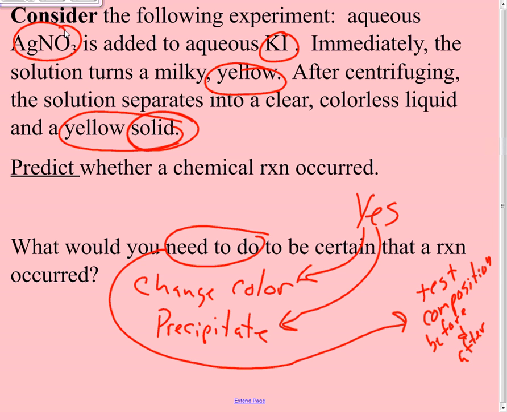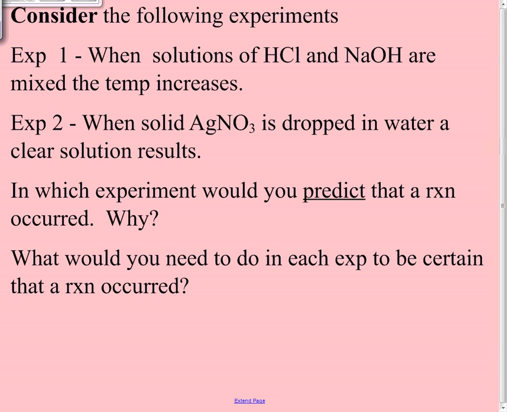Okay, here we go. The last slide. This one's up to you. Consider the following experiments. Experiment 1: when solutions of HCl, hydrochloric acid, and sodium hydroxide are mixed, the temperature increases. Experiment 2: when solid silver nitrate is dropped into water, a clear solution results.